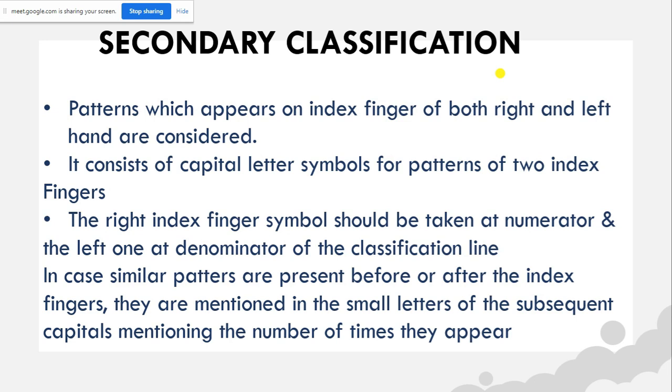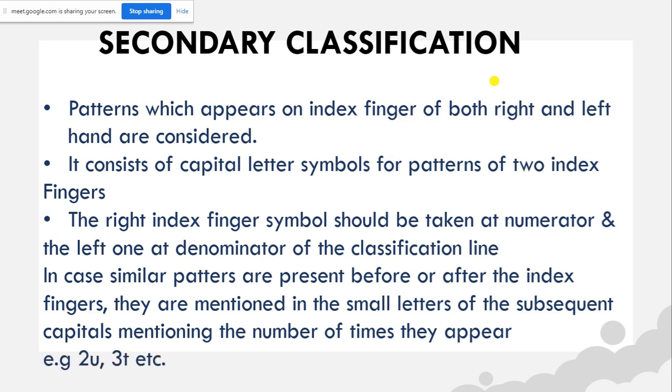Also, there are situations when the same kind of pattern will be repeated on the index, middle, and ring fingers of both the hands. So what do we do? We place the pattern symbol in capitals for the index finger, and we place the adjacent or consecutive patterns in small letters.